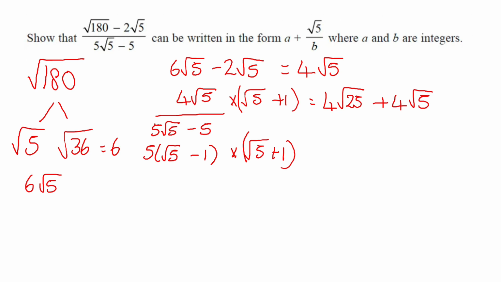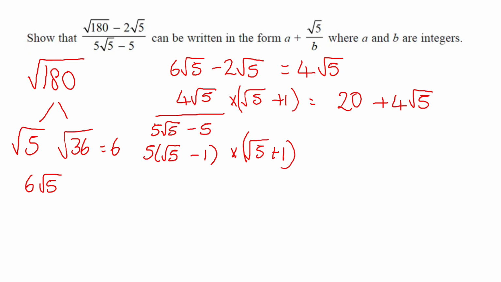Now as you hopefully have recognised, we've got a square number here again. We've got root 25, so that will now become 5. That means I need to do 4 times 5, which is just going to give me 20. So I'm going to replace this now with 20.